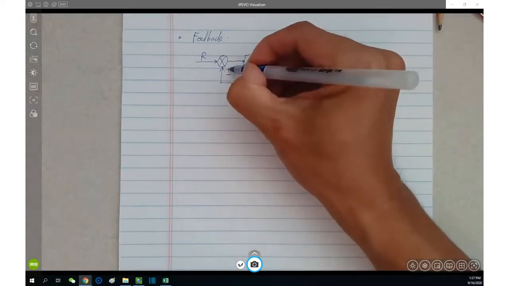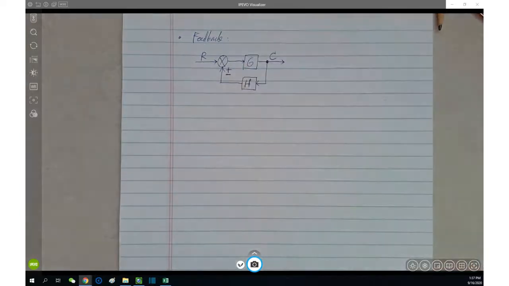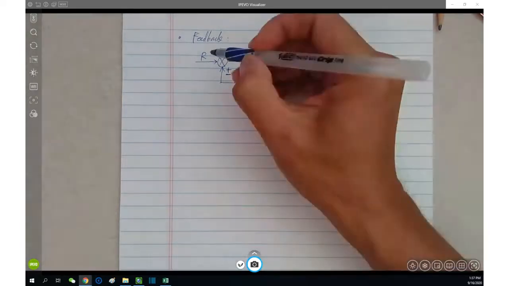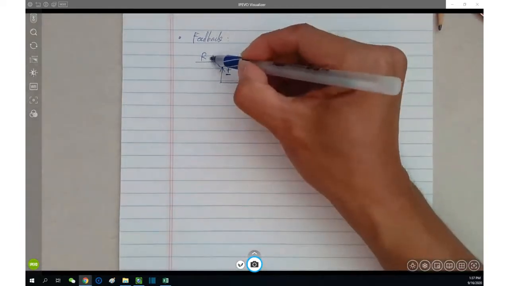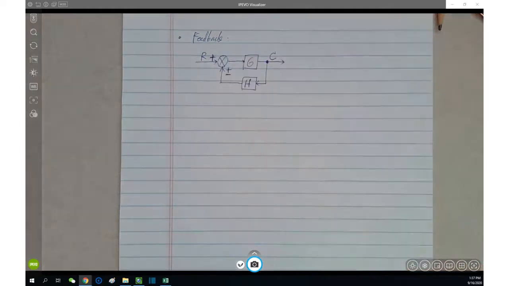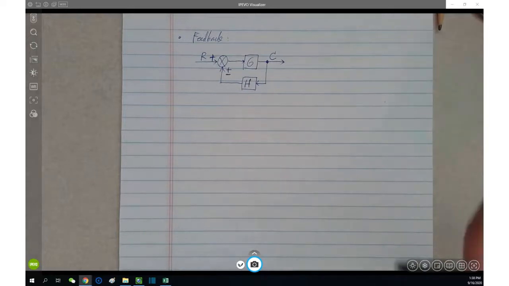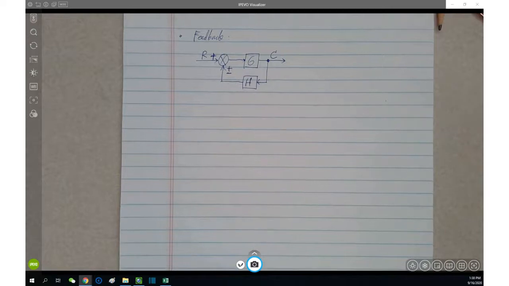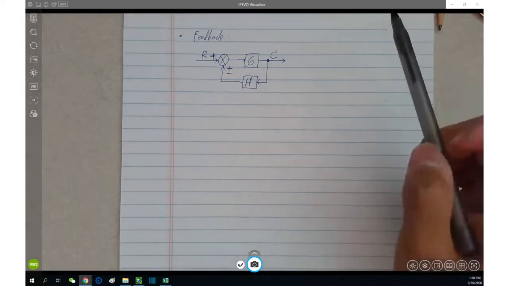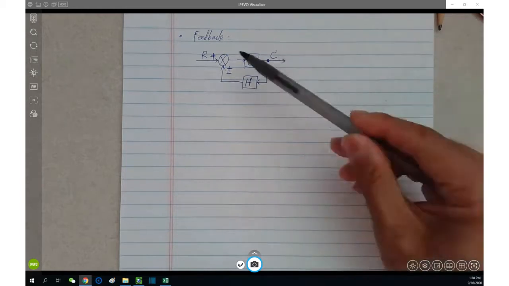Again, once we have the summing junction, the input might be either positive or negative. However, the input, generally speaking, is positive. Sorry, I forgot to use the black color to color code it, but you understand what I mean.